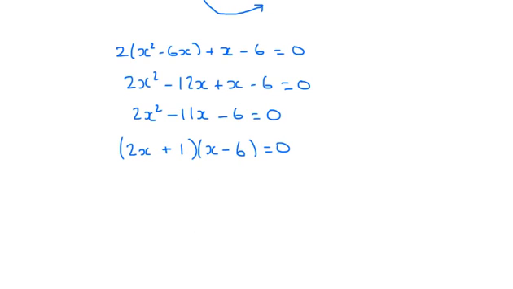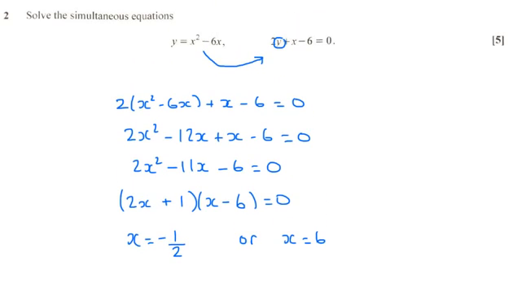So we can carry on the question now. If 2x plus 1 times x minus 6 is equal to 0, x is either negative 1/2 or x is 6.